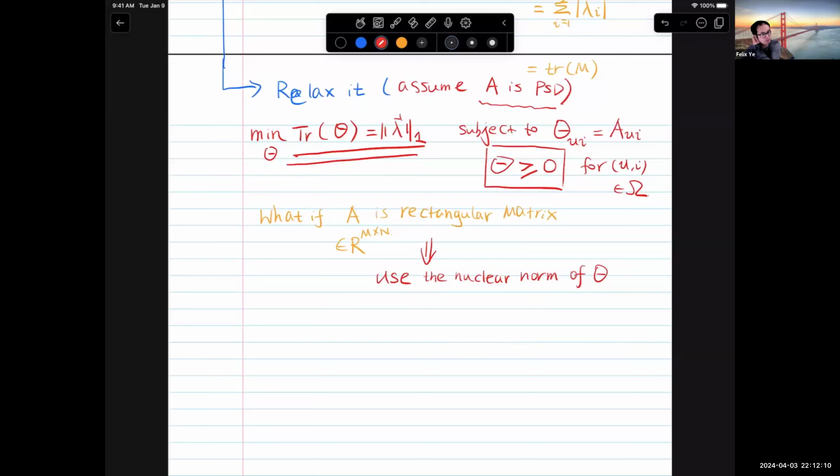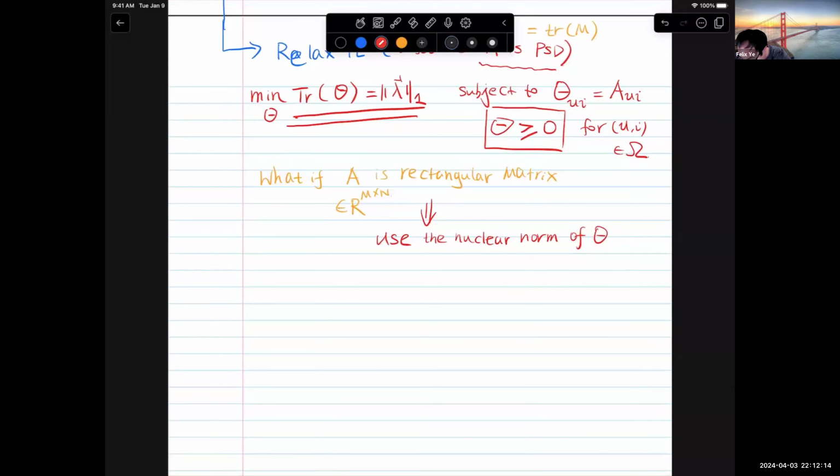All right, so we can change this one norm into the nuclear norm. It becomes the nuclear norm, which is the star right here.